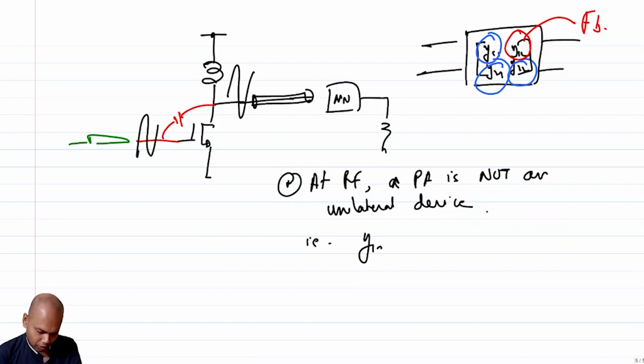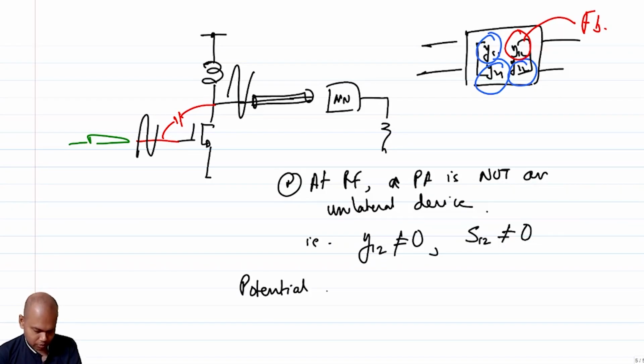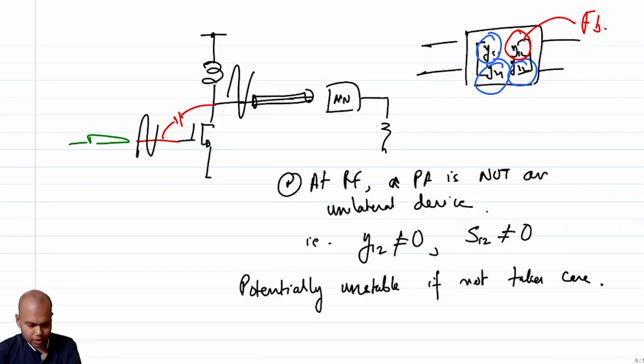basically Y12 not equal to 0, or S12 not equal to 0, right? So potentially unstable if not taken care of, right? So you can do the analog circuit equivalent of measuring the phase margin: run your AC simulation, find out the location of the poles and whether there is peaking, and so on and so forth.